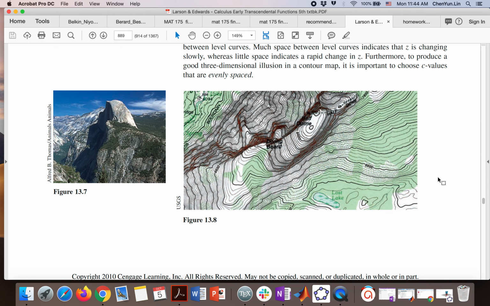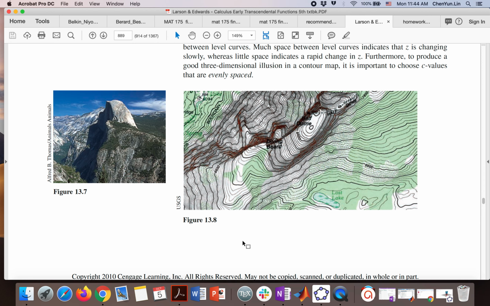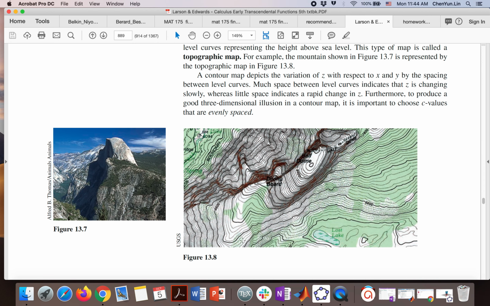Let's see what happens. Each curve is a level curve with a specific given height, as you can see from the number here. The heights are evenly spaced.